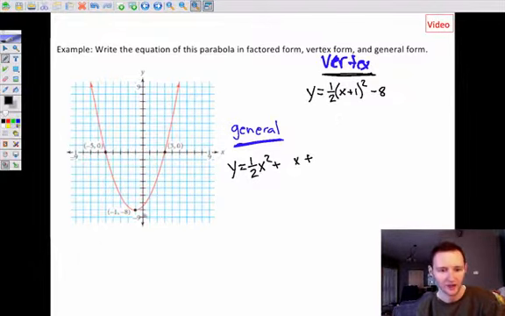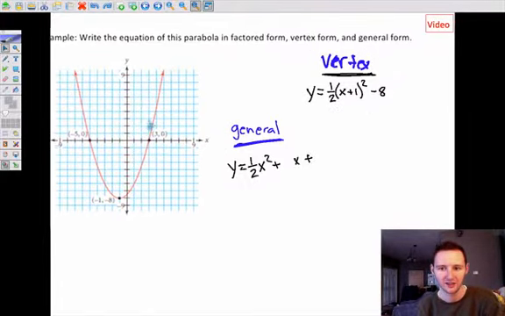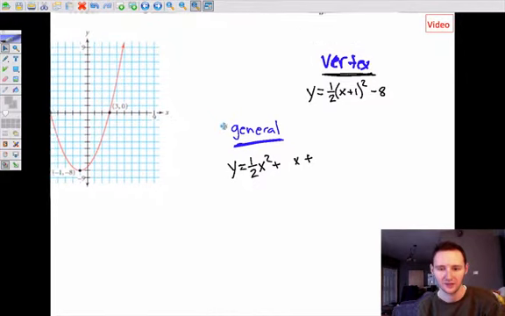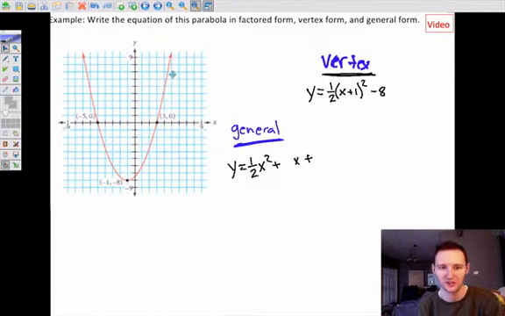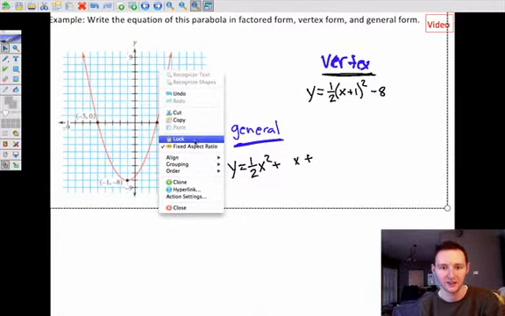We know that the y-intercept is going to be this number over here, and we're not quite sure what that is, but it looks like it might be about -7.5-ish. But what we can do is we can take our vertex form and just use some simple algebra steps just to rewrite it.